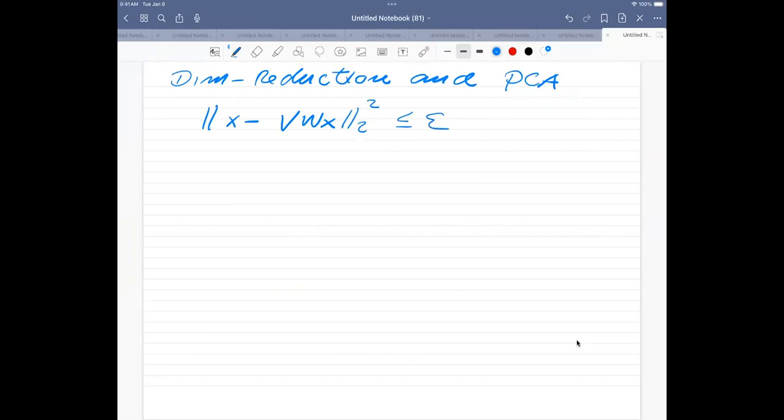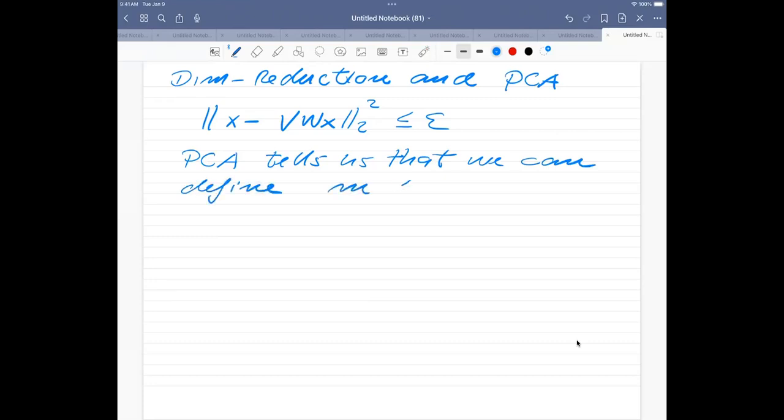And the PCA, or principal component analysis, tells us that we can satisfy this constraint with a dimensionality n which is smaller than or equal to p, the number of features, and in a specific way.